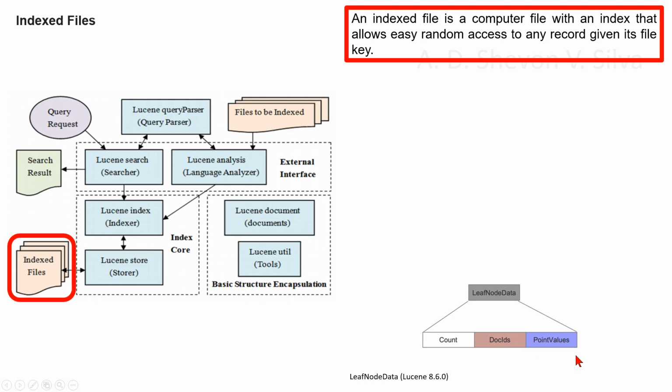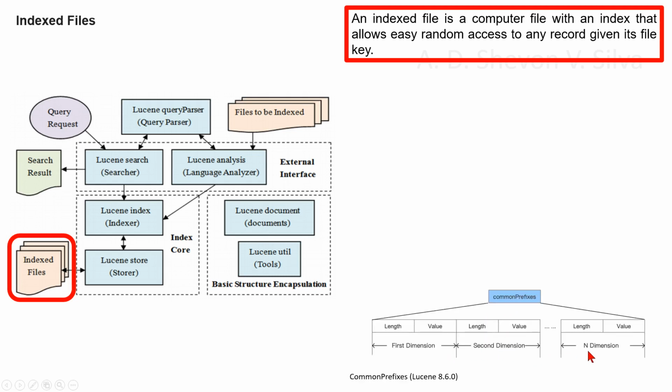Point values describe a set of point values. Each point value is split into two parts: common prefixes and block packed values. Here you can see a leaf node data consists of count, doc IDs, and point values.